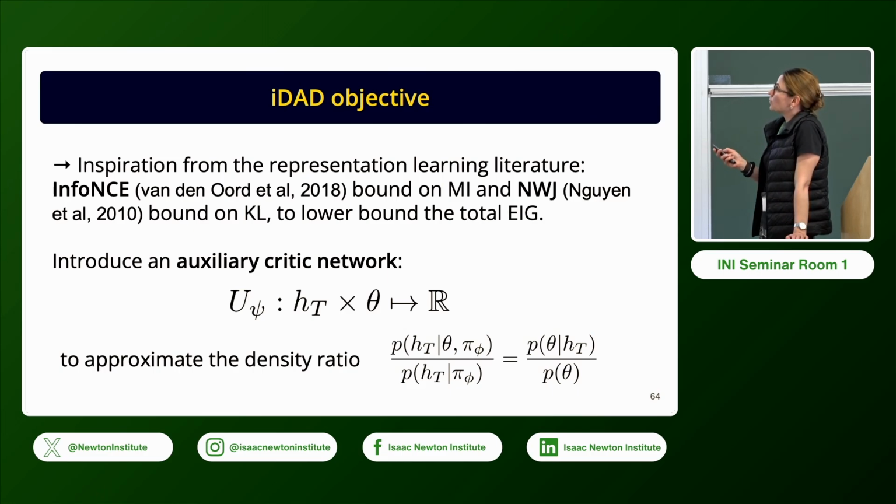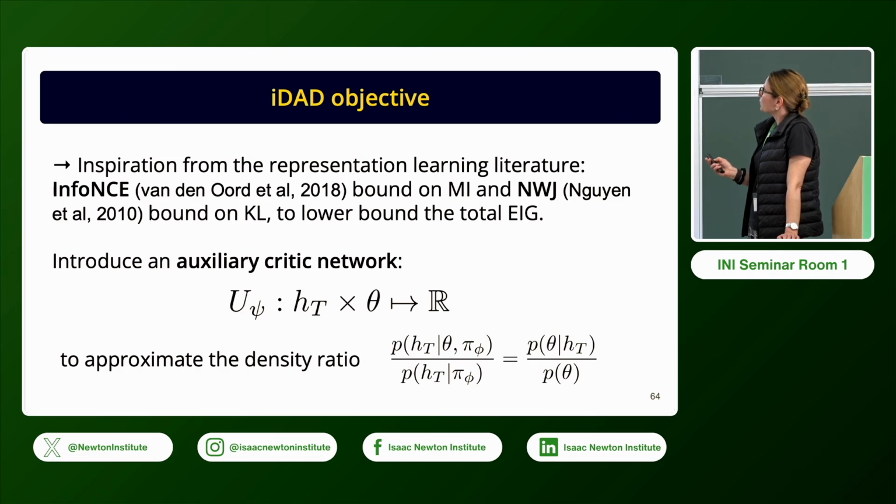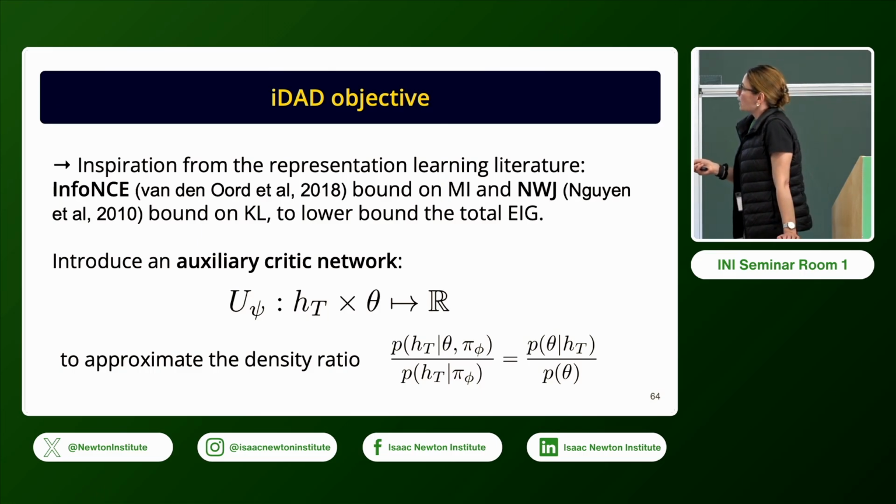We're taking inspiration from the representation learning literature, and specifically the InfoNCE lower bound on the mutual information from this paper in 2018, van den Oord, and the NWJ bound, which is actually a bound on the KL divergence. It's not a bound on mutual information, so it is slightly more general.